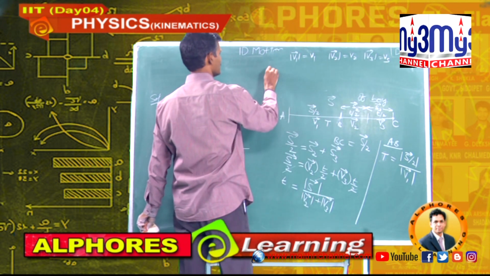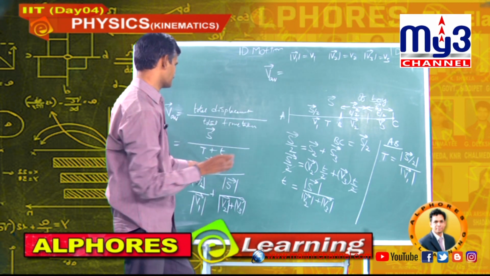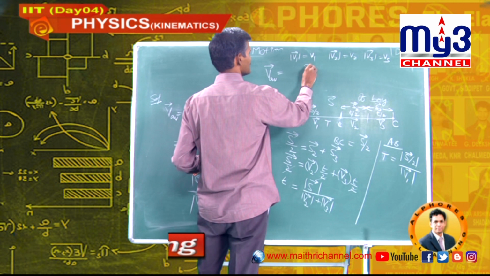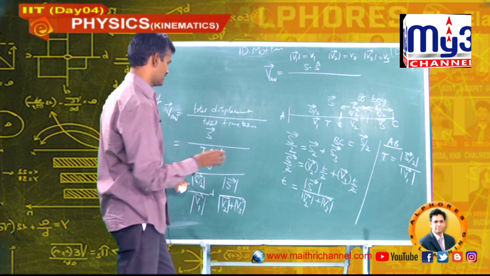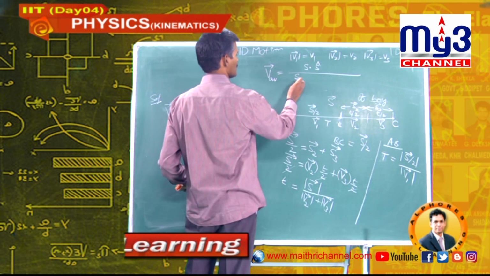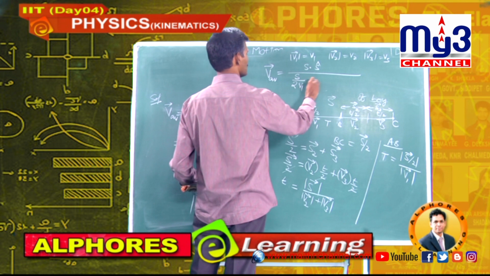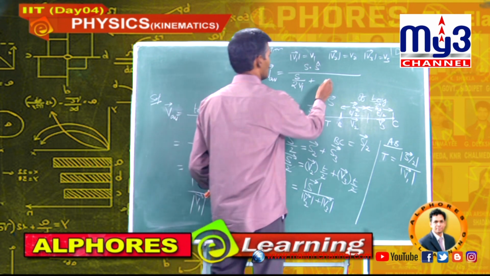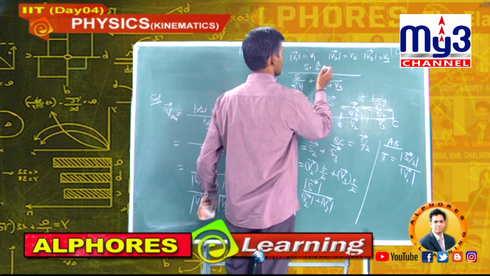So then the average velocity vector is S into S cap by (S by 2 into V1 plus S by V2 plus V3).